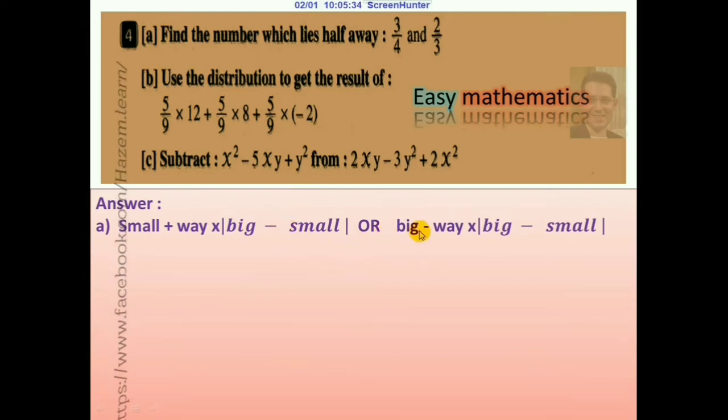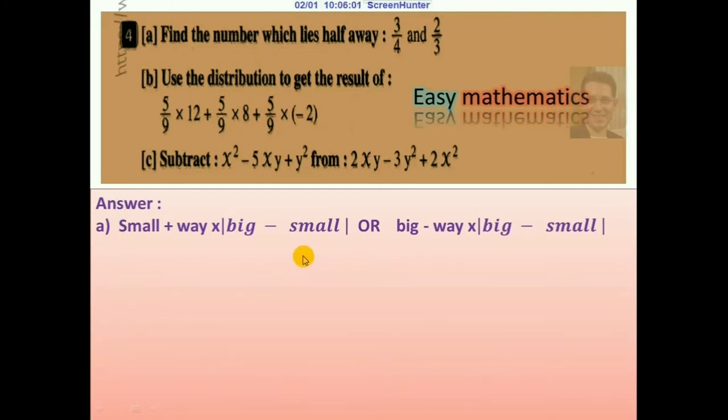Both of them are right in this case. But if he says, for example, third way, fifth way, fourth way, he must state which rule is suitable to use in this case. Again, when he says halfway, we can use the first one or the second one. So we must study both of them very well.